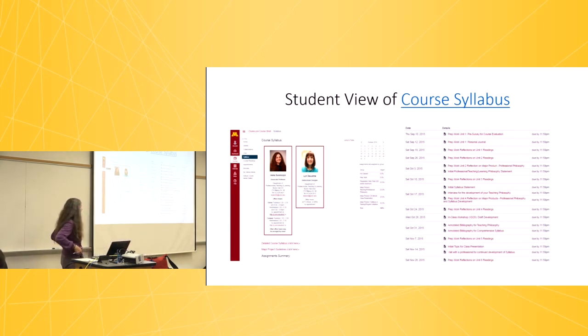That's what Canvas does. But rather than just have assignments there, I wanted the syllabus to have a bit more than that. So we put our pictures to make us look friendly, office hours and contact information.